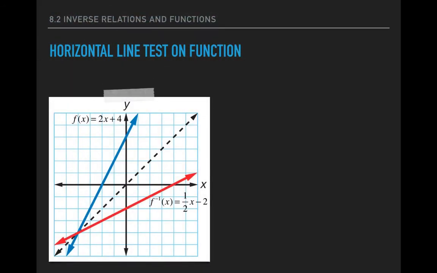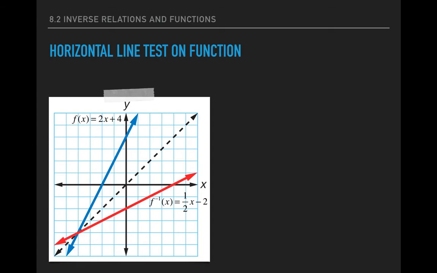Here are the function f from our previous example and its inverse. You can see that the inverse, that red graph, is a function. You could very easily run that vertical line test across and know that it is a function. But what if you didn't have that red graph there yet? What if all you had was the original function?